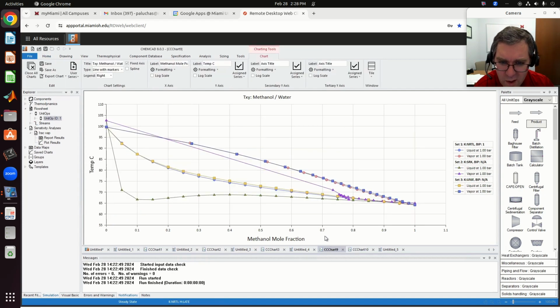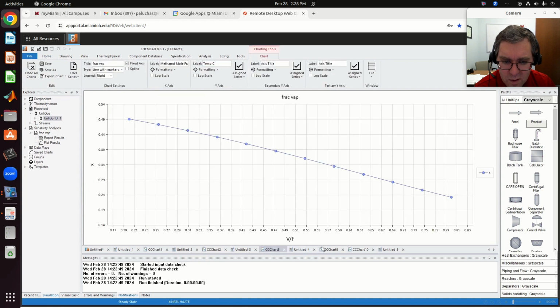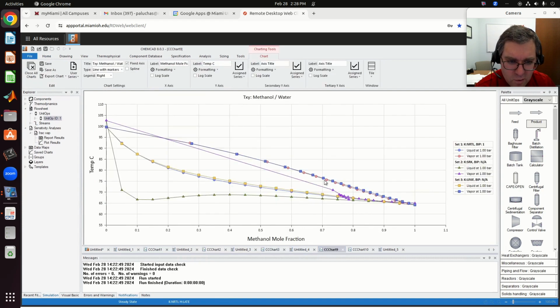And so if I try and look at the data here, I wonder if it's just a matter of how the data is presented. Well, I should have gone back because it shows blue and red being NRTL. SRK is green and purple.